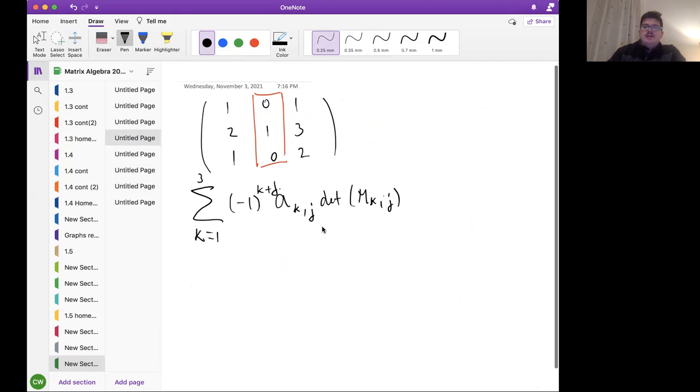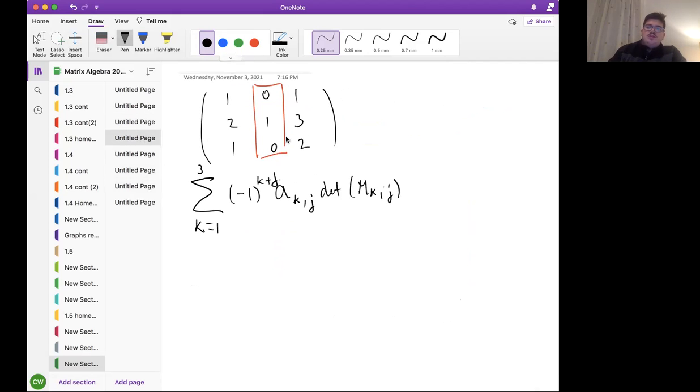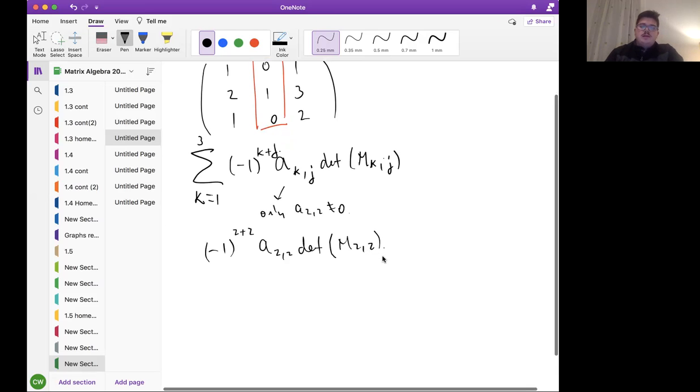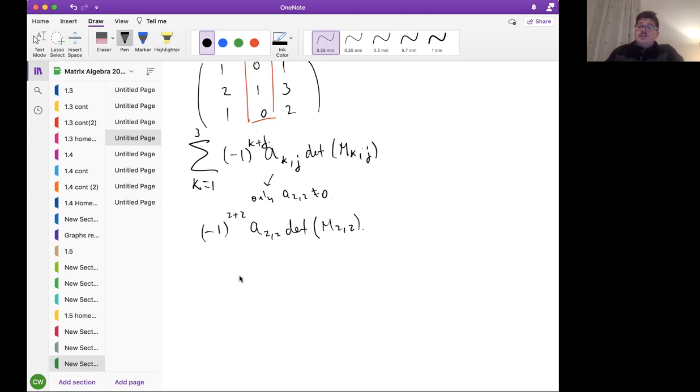Yeah, so for here, what is the only entry? Only A22 is not equal to 0. So that means we can do -1 to the 2 plus 2, A22, determinant of M22. Okay, so what is -1 to the 2 plus 2?